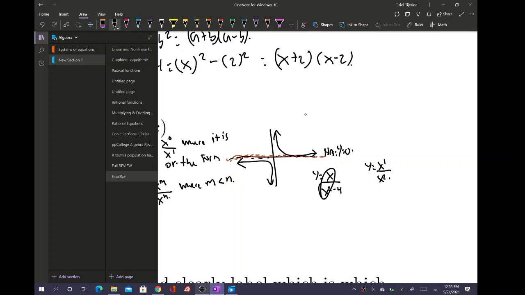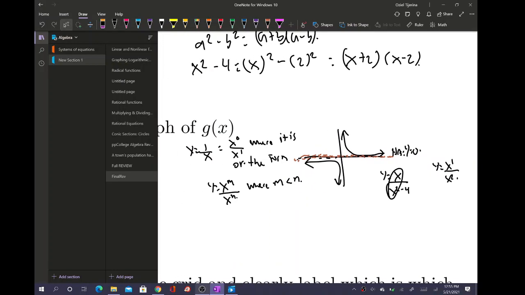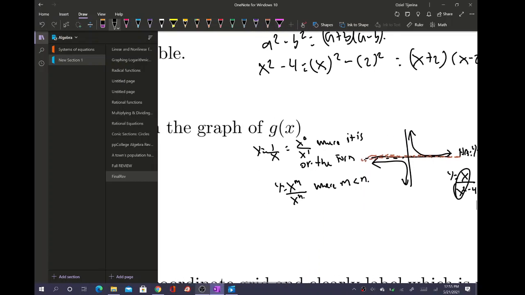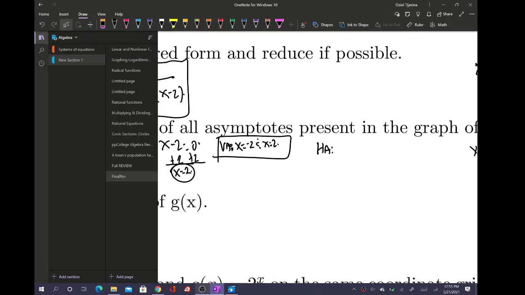And it would be the exact same thing. If we were to have x over x squared by themselves, it would be like 1 over x. And 1 over x has a horizontal asymptote of y equals 0. So here, the horizontal asymptote would be y equals 0.